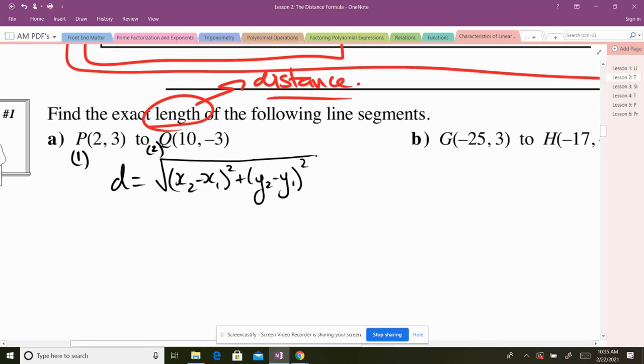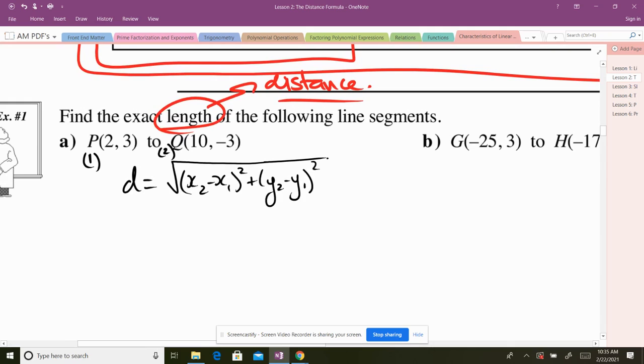So x2, the x value from data set 2. So what is that number? 10, because remember it's x, y. X, y. Data set 2, x value. So this gives me 10 minus, what's the x value from data set 1? 2.